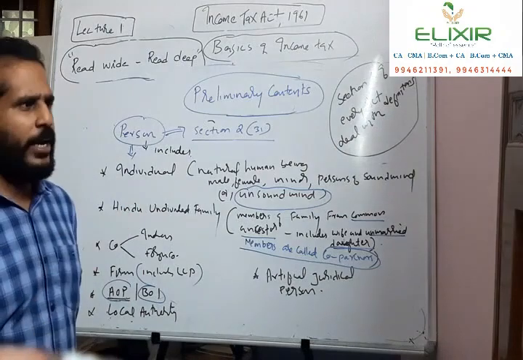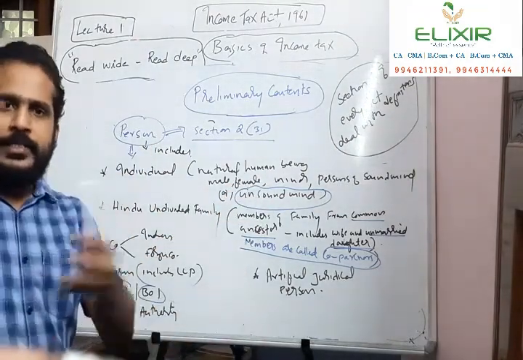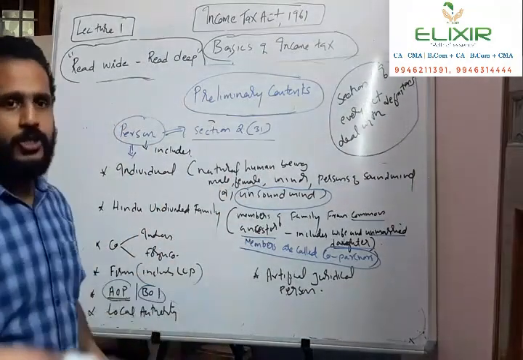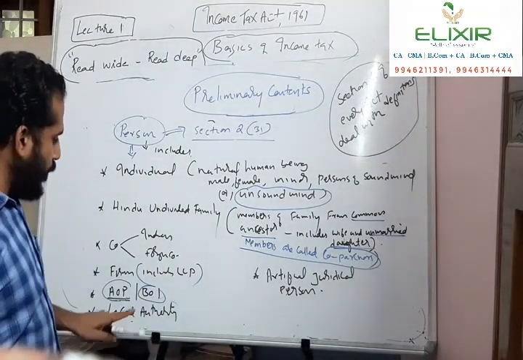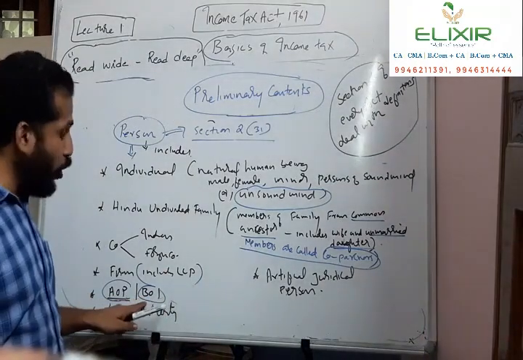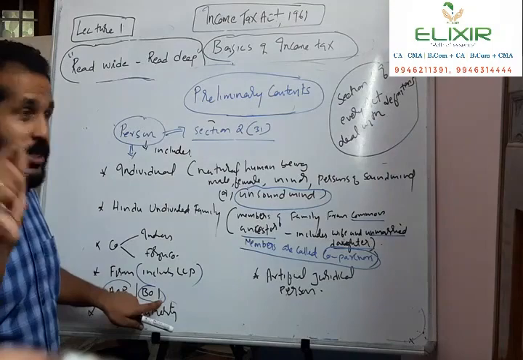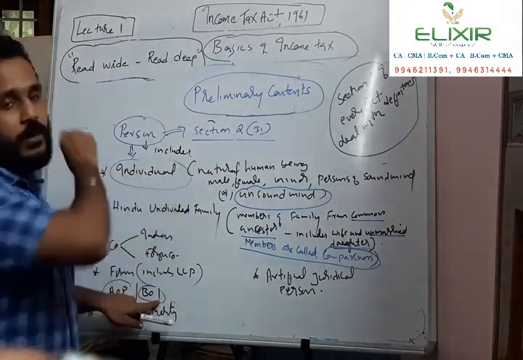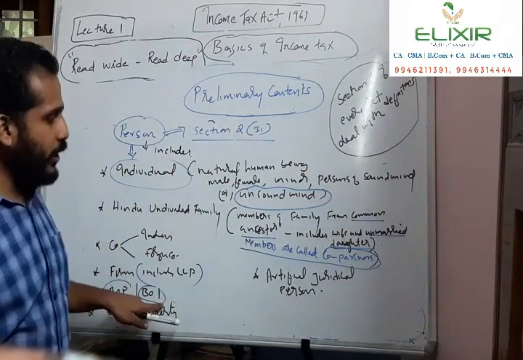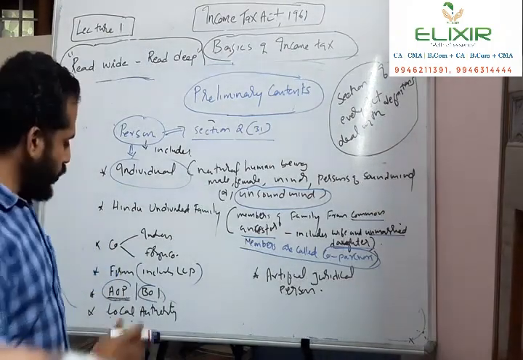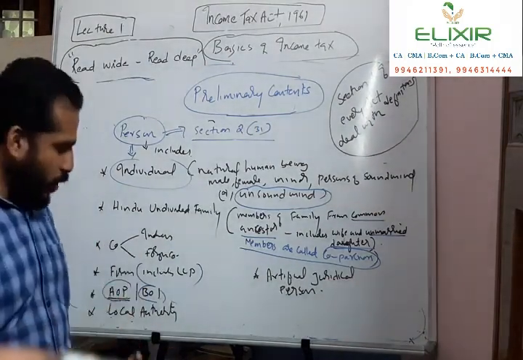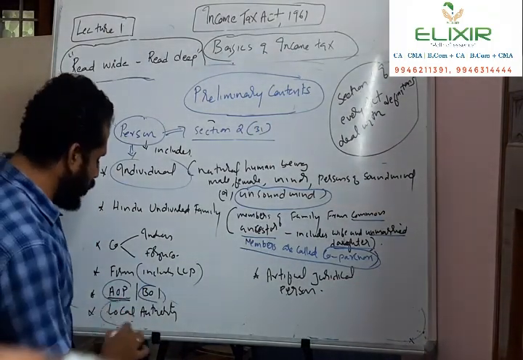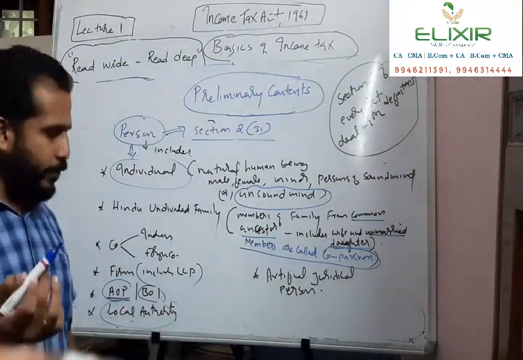For example, for an exhibition or for conducting a seminar, these persons can join together. In the same way, a body of individuals is an association of individuals only. They can come together for a common purpose. So association of persons, body of individuals, then local authority, that is the municipality, corporation.